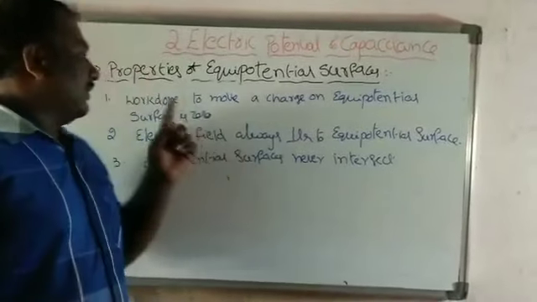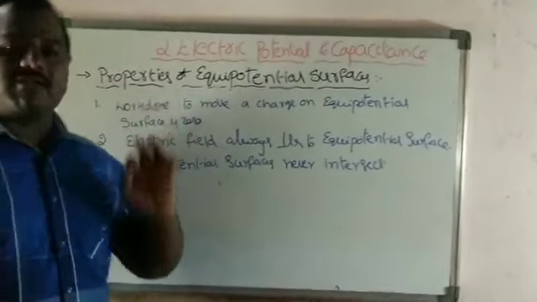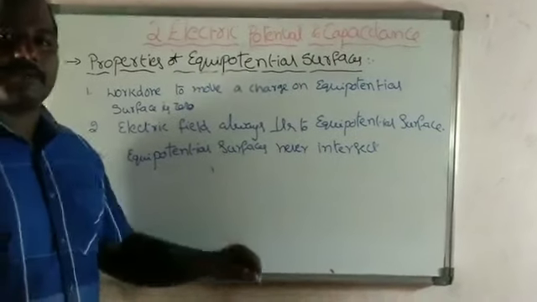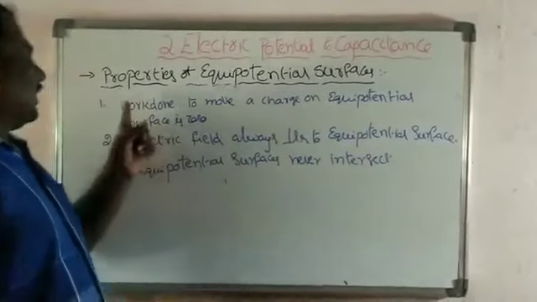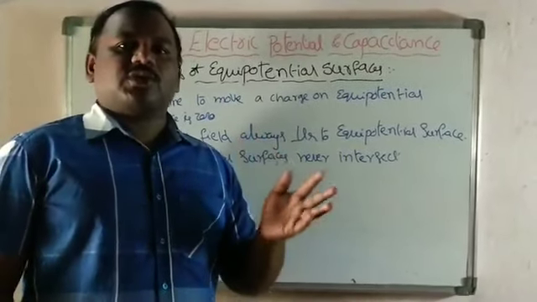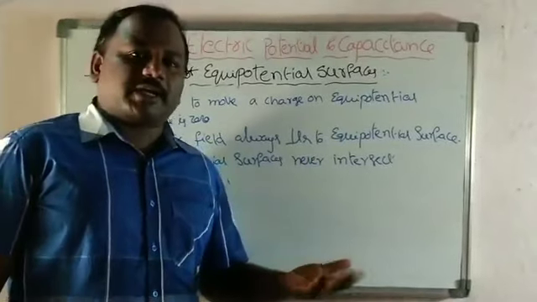See this important 3 mark question. Remember the properties of equipotential surfaces. What are the properties of equipotential surface? I already explained. First property is work done to move a charge on equipotential surface is 0. Why? Because the potential at any point will be same, so the total work done becomes 0.